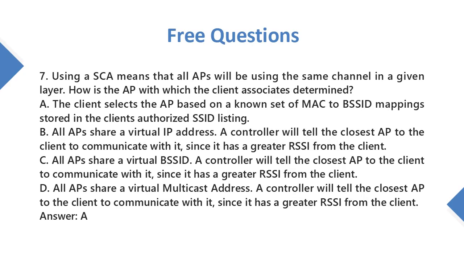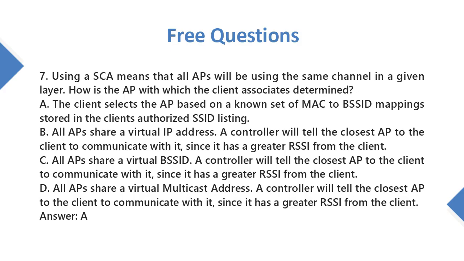7. Using ASCA means that all APs will be using the same channel in a given layer. How is the AP with which the client associates determined? A. The client selects the AP based on a known set of MAC to BSSID mappings stored in the client's authorized SSID listing. B. All APs share a virtual IP address. A controller will tell the closest AP to the client to communicate with it, since it has a greater RSSI from the client.